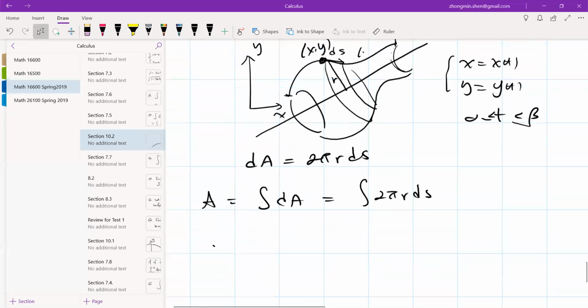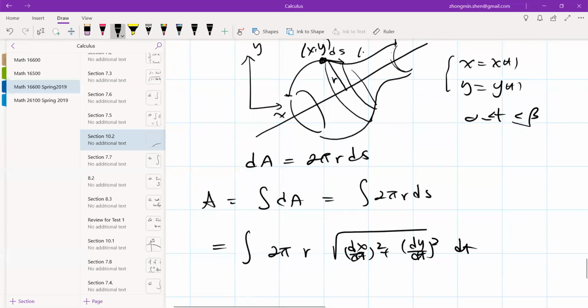So 2 pi r, r is still r, I have to figure it out. How it depends on x and y, but at least ds is going to be the square root of dx/dt squared plus dy/dt squared, times dt. You have to express r in terms of t based on the picture. No picture, you cannot do that.